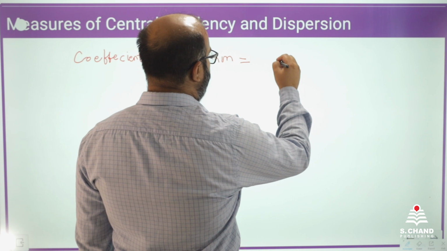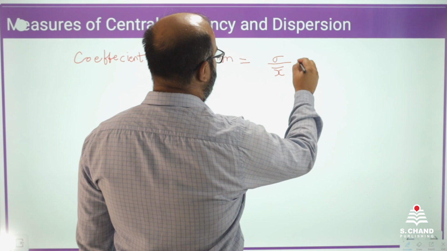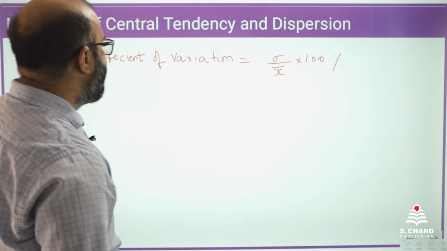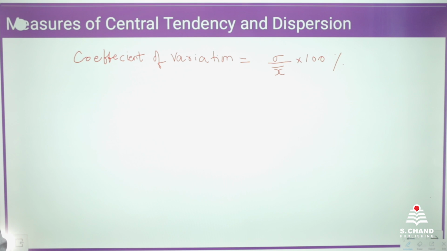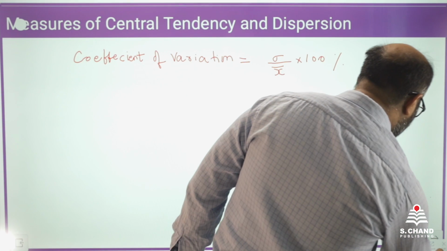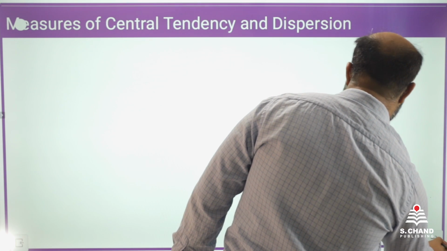So this is actually standard deviation by mean into 100%. You can write it like this. These are some of the terms which we are going to use, and these terms are basically helpful in solving many questions here. So we come to the questions now.